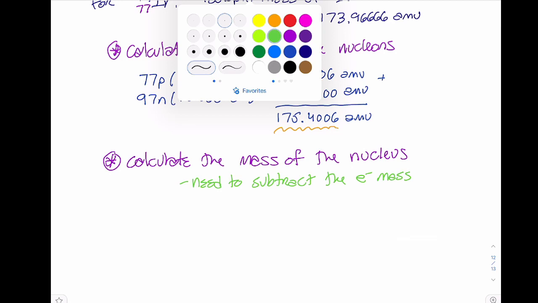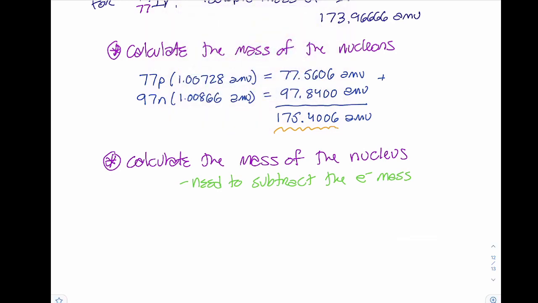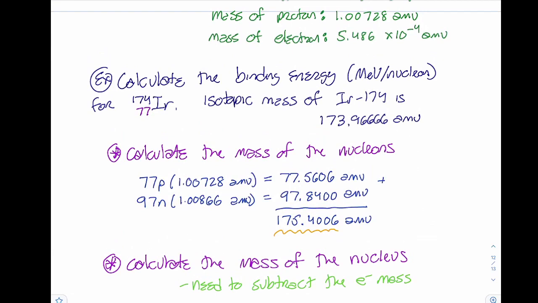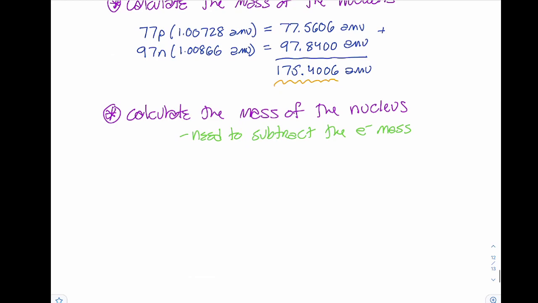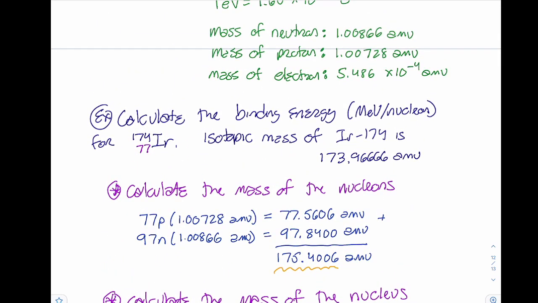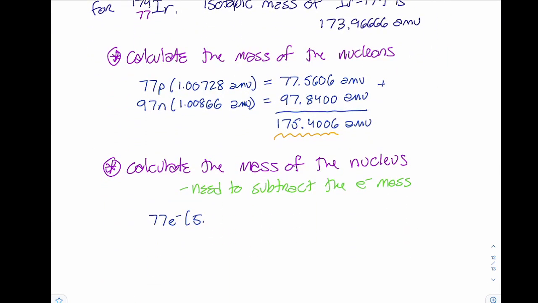If this is uncharged, and we're going to assume it's uncharged unless we're told otherwise, I don't have a plus or a minus or anything written on here. Because it's uncharged, my number of negative charges equals my number of positive charges. So because I have 77 protons, I'm also going to have 77 electrons. I'm going to take 77 and multiply it by the mass of my electrons, going back up to our list, 5.486 times 10 to the negative 4 atomic mass units.